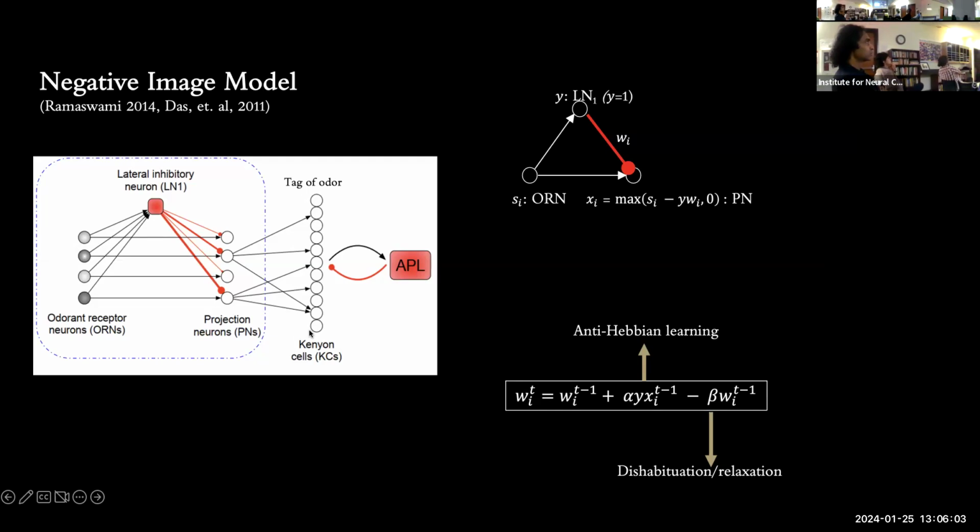What that means is I'm only interested in the identity of Kenyon cells that are active for a given odor and not their amount of activity. The identity of the Kenyon cells responding to a given odor will be called the tag of that odor. Now let's see how habituation can change our perception of odors.